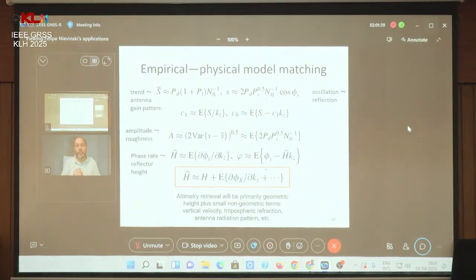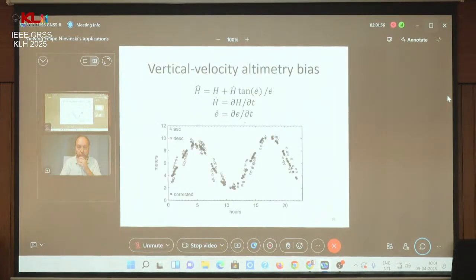So we need to account for the vertical velocity of the surface, the relative vertical velocity between the antenna and the surface. And this one turns out to be probably the largest non-geometric altimetry bias that you must correct for, otherwise you get additional noise.